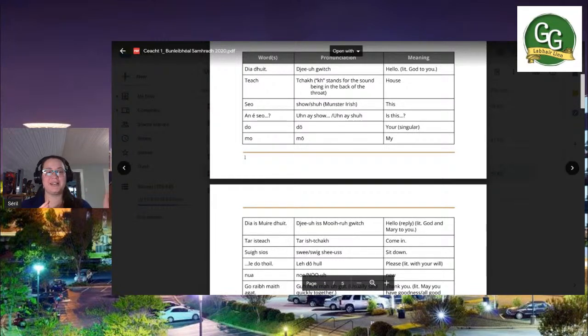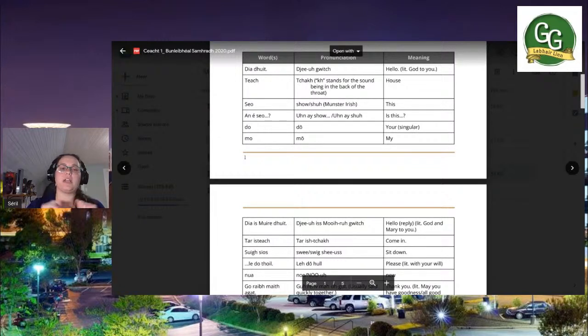Whereas in English, it's not going to be 9 times out of 10. It's going to be much, much lower than that. So English is much more complex because the words come from everywhere and you really just have to memorize it. Whereas in Irish, you have this pattern you can rely on.